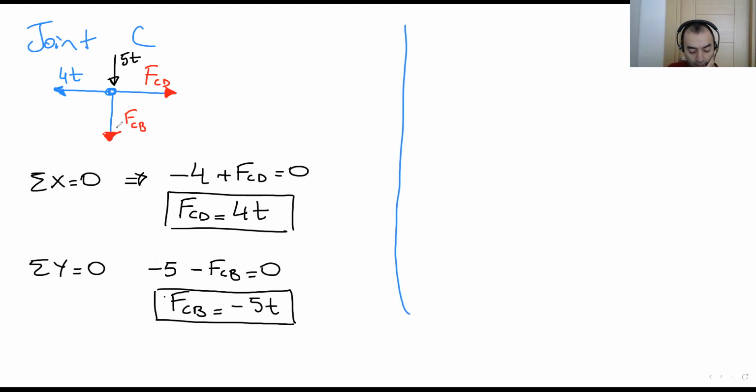Then we can do joint D. Actually, now we are just talking about the method. You are becoming aware of this method for the first time.